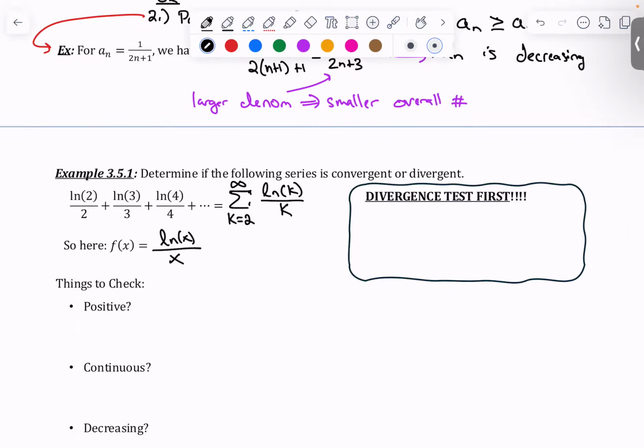So we look at the limit as n approaches positive infinity of natural log of n over n. You can use L'Hopital's rule, but remember, natural log grows so much slower than any power of n, so this does equal 0.